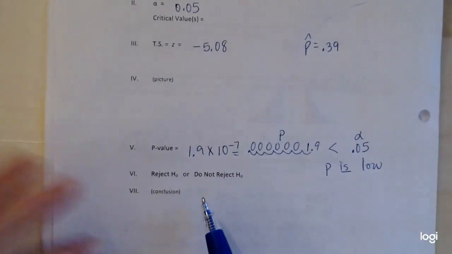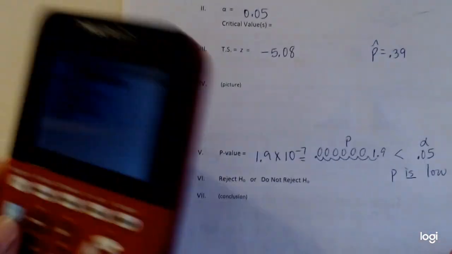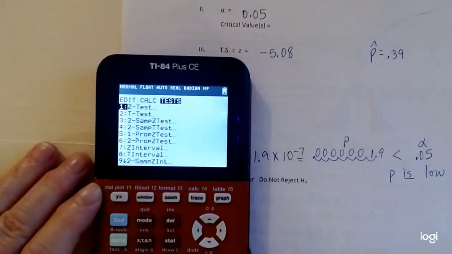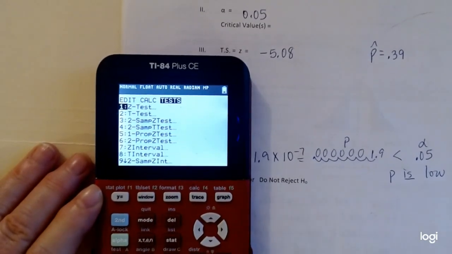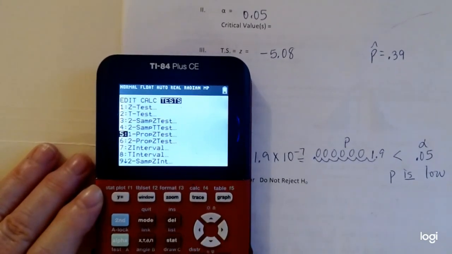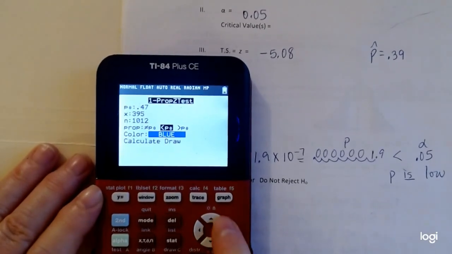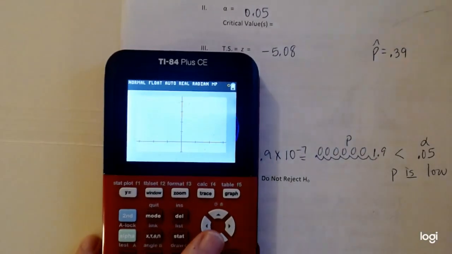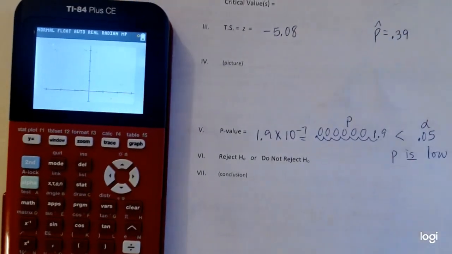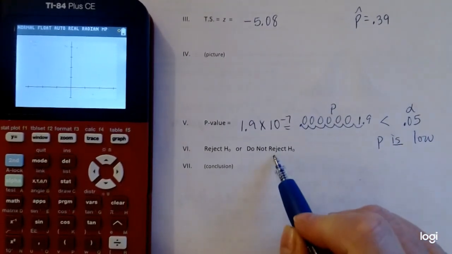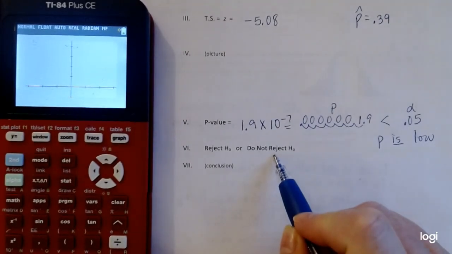And we'll look at the picture. So we go back to tests 5, and we're going to go down to draw. And while that does that, if P is low, then we reject H naught.